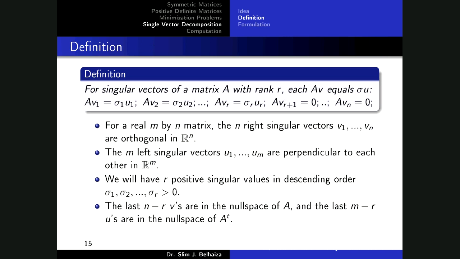And this is the main idea: to be able to find 2 sets of vectors, v's and u's, such that for every pair v_r and u_r, you can write A v_r = sigma_r u_r. In other words, A v_k = sigma_k u_k, where the index goes from 1 to r, which is the rank of the matrix.